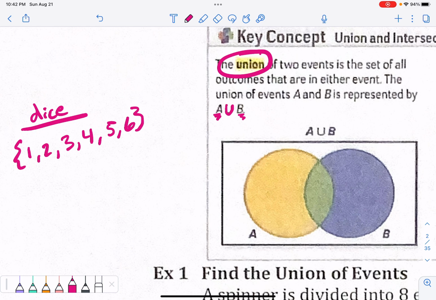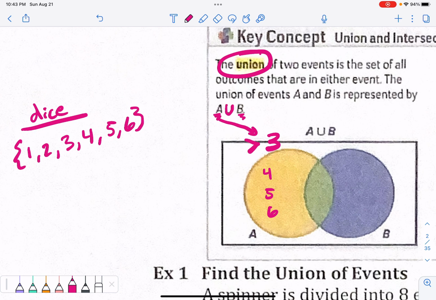Let's say event A is the event that I roll a number that is greater than 3. Numbers greater than 3 would be not 3, because it's not equal to 3, but 4, 5, 6.